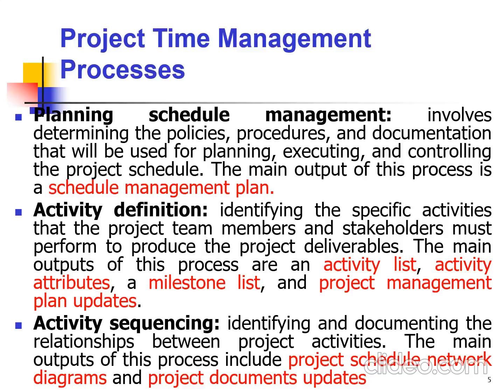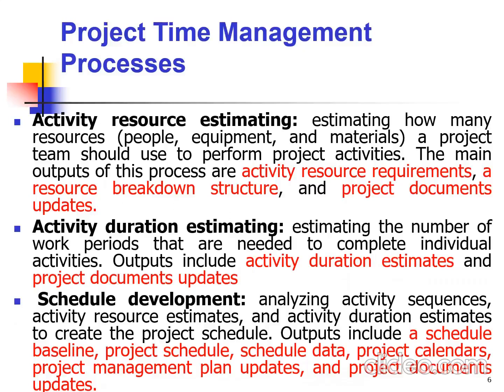So we also have activity sequencing, which involves identifying and documenting the relationships between project activities. And the main outputs of this process include project schedule, network diagrams, and project documents updates. So we are still continuing.